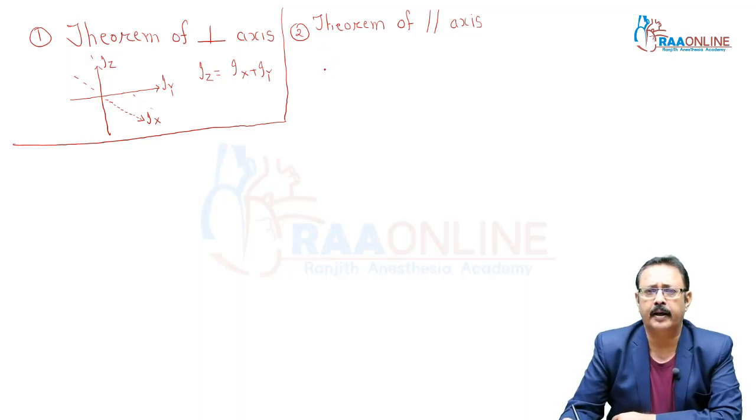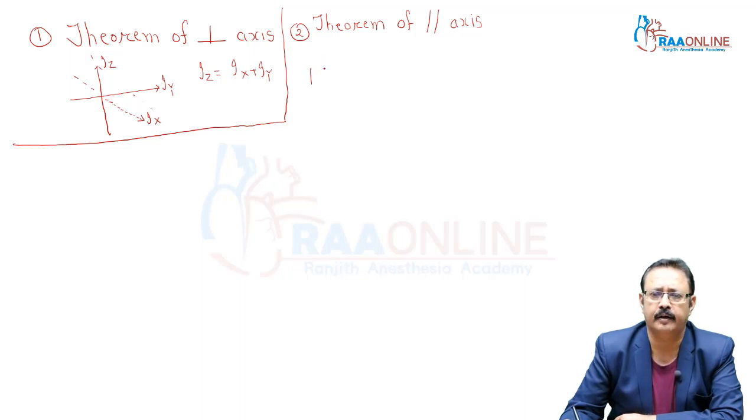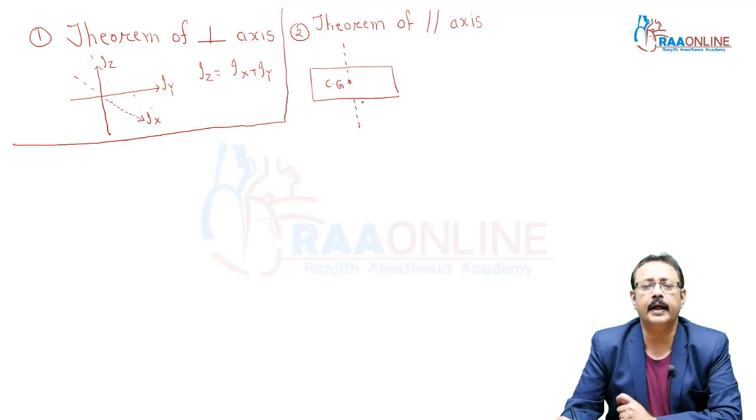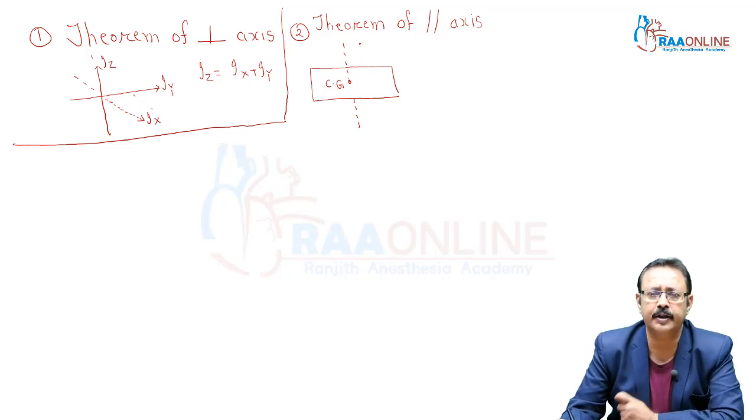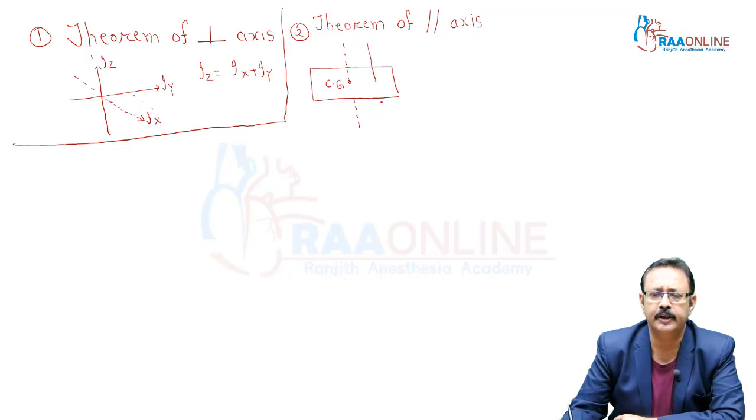What is the theorem of parallel axis? If you know the moment of inertia of any object about an axis passing through its center of gravity, you can calculate the moment of inertia of that object about any axis which is parallel to this axis, if it is at a distance a.